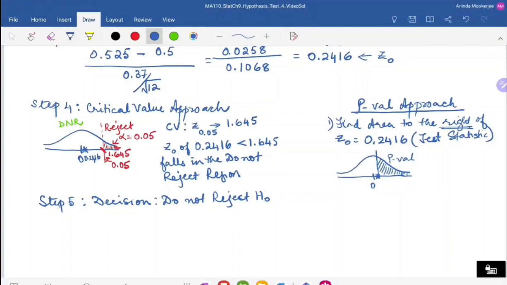So it is the area to the right of 0.2416. Again, you have to refer back to your Z table.